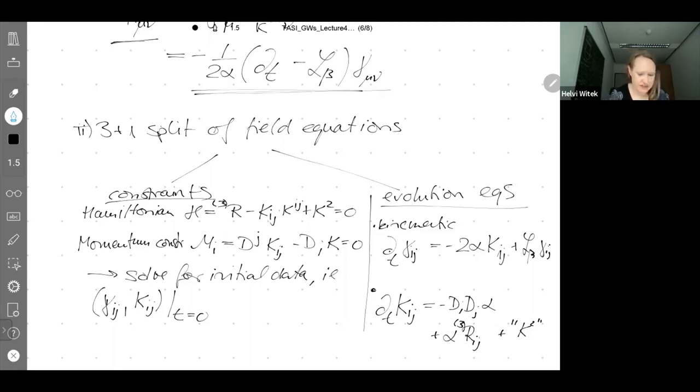Okay, so that's the second ingredient. And just as a side note, we need to rewrite it as a well-posed initial value formulation, but in general relativity, we actually know how to do this.